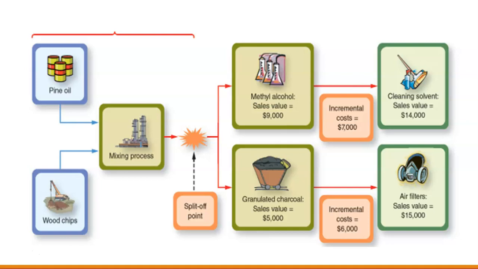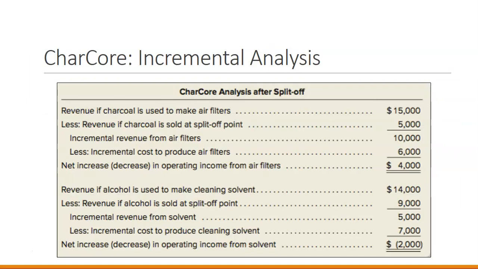The methyl alcohol can be turned into cleaning solvent if we spend an additional $7,000 in processing. And the charcoal can be sold as air filters with an additional $6,000 in processing. When we look at this incremental analysis after split off, if we make air filters, we get $15,000 from the charcoal, less the revenue that we get selling at the split off point of $5,000.